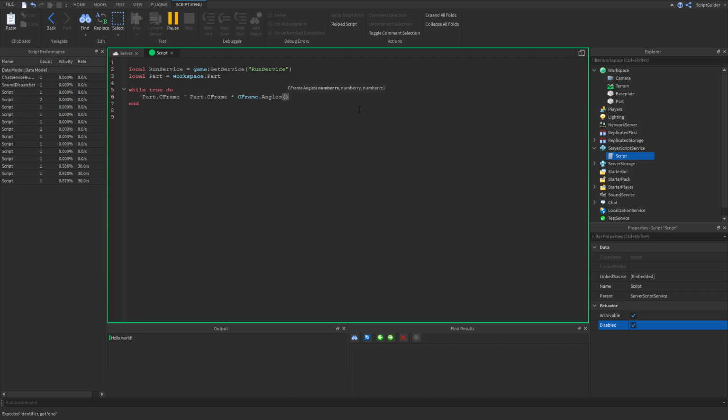And angles are in terms of radians, so what should we do here? Okay, so 1 full rotation is 2 pi radians. So we want to do 1 full rotation, 2 times math.pi.